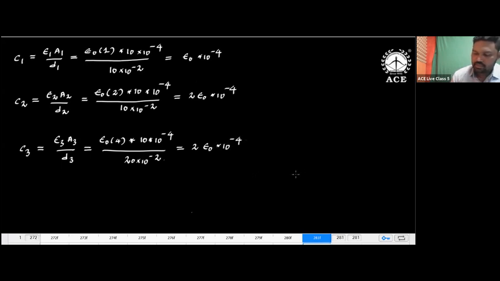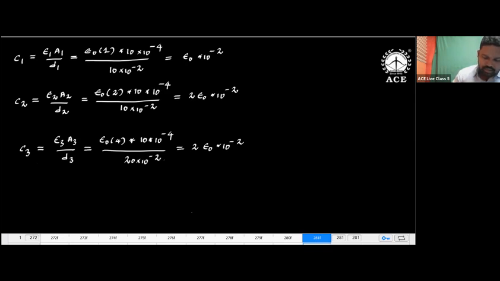Is that correct? Minus 2, beta. So C1 into C2, beta.